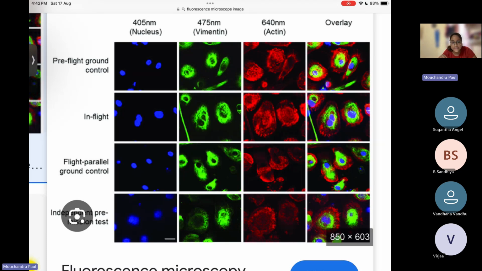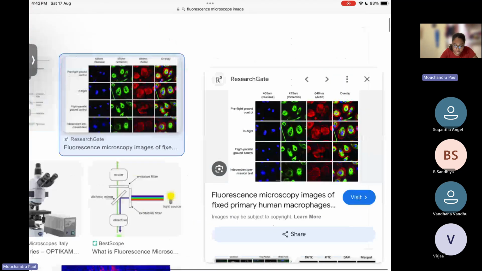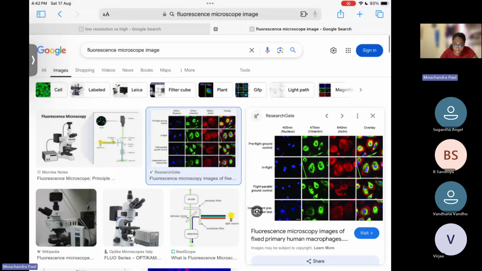One fluorophore is giving a blue color, so that is how they distinguish the nucleus. Another fluorophore is giving red color, so actin gets distinguished. Here you are illuminating your sample with one wavelength of light, or monochromatic light, which causes fluorescence to occur in your fluorophore. This is how a fluorescent image looks.